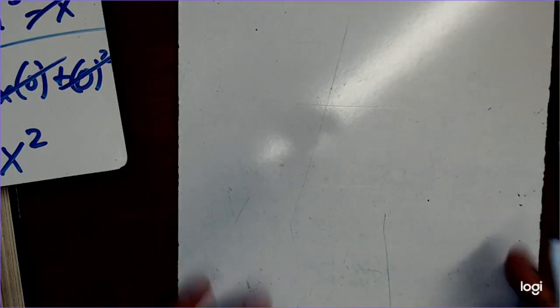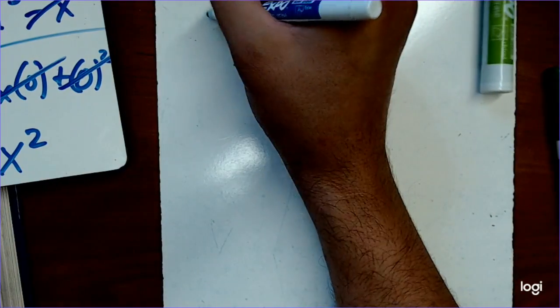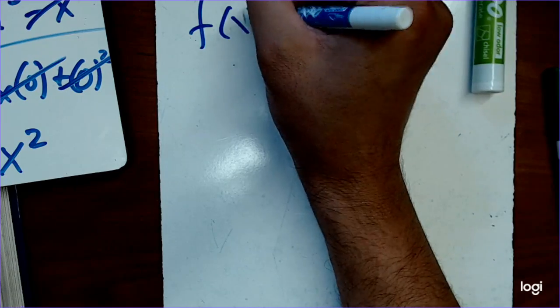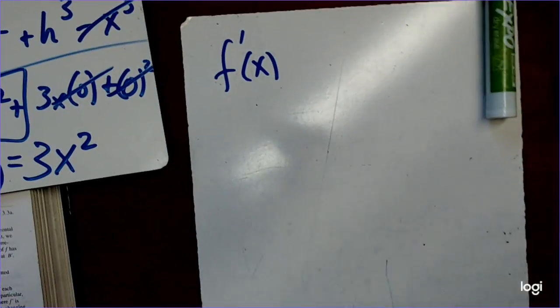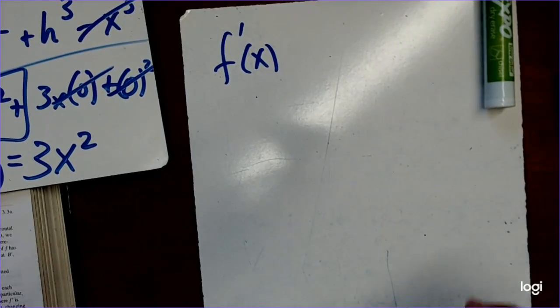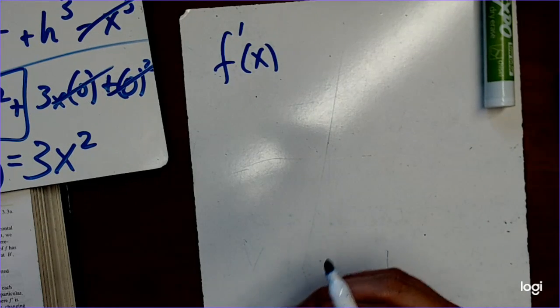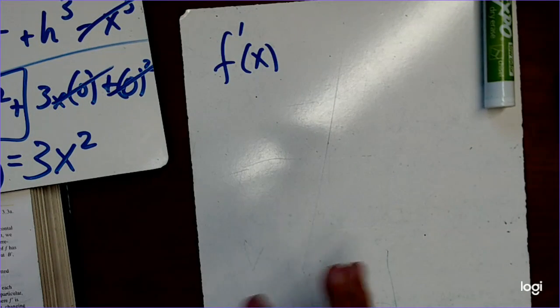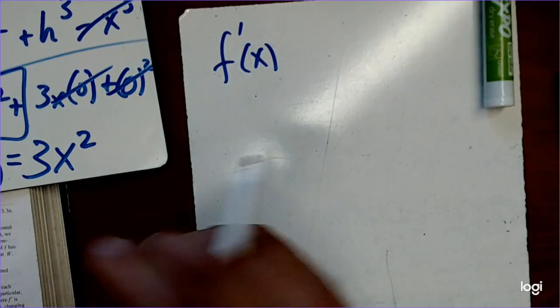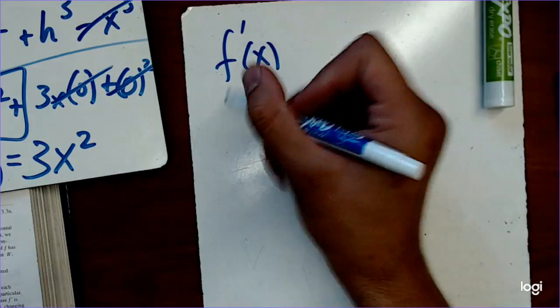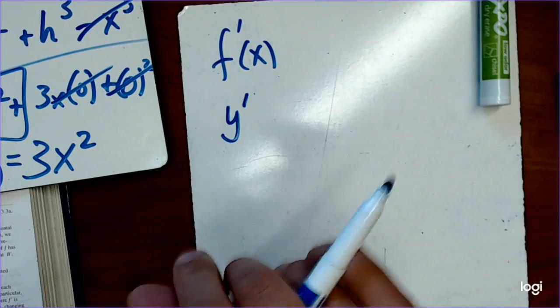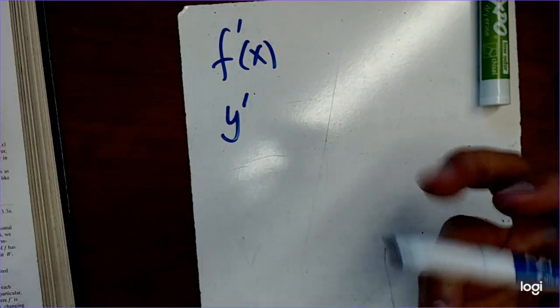All right, so the first one, the derivative can be written as f prime of x, and the interesting thing about this is every single notation I'm about to put down for you are just different ways of writing the same thing, meaning to differentiate or to give you the derivative of this function. So f prime of x is one, or another way they do it, they'll just put y prime. That's another way that they'll write the derivative.